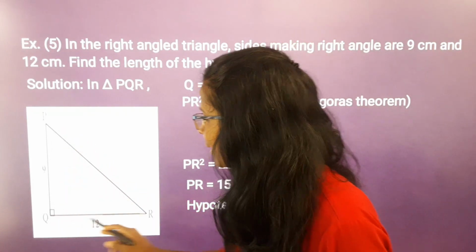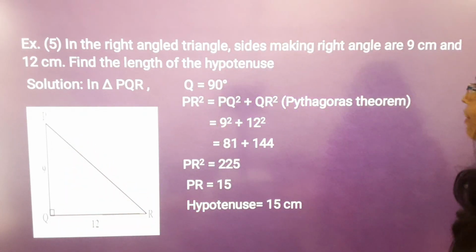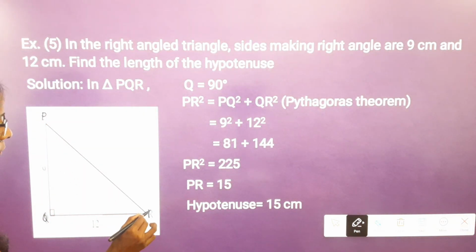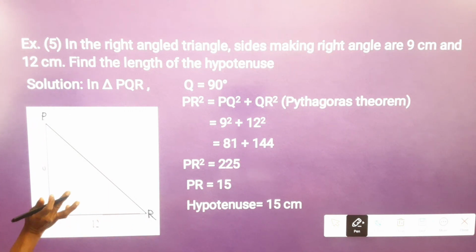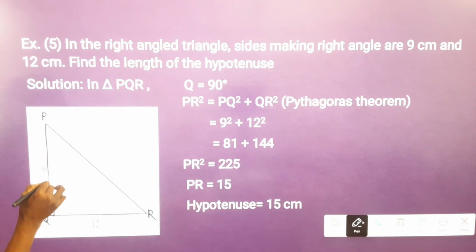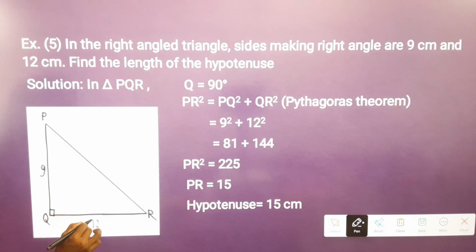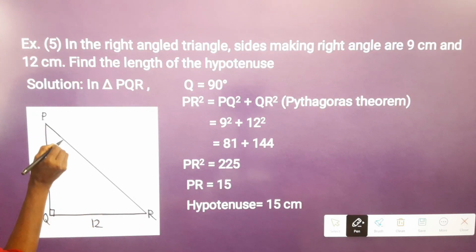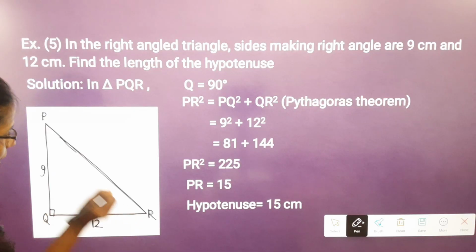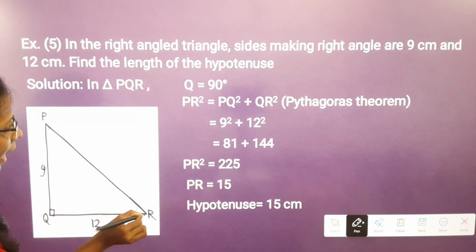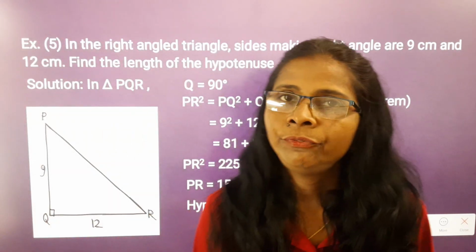Consider that PQR is a right angle triangle, and its right angle sides are 9 and 12, and we have to find PR, which is the hypotenuse of this figure.